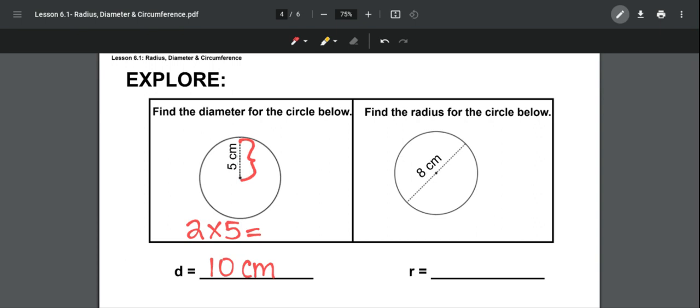Inversely, if 2 of our radii is represented by our diameter, then half of a diameter would represent our radius. So to find the radius of this particular diameter, we would take half of 8 to give us 4.